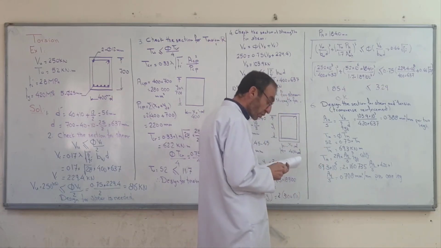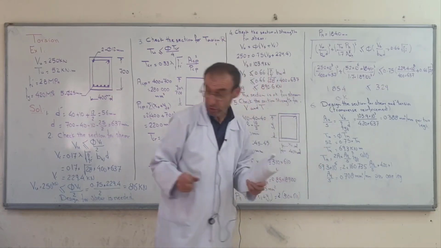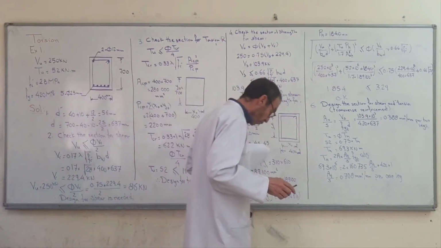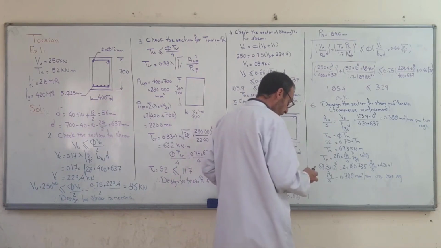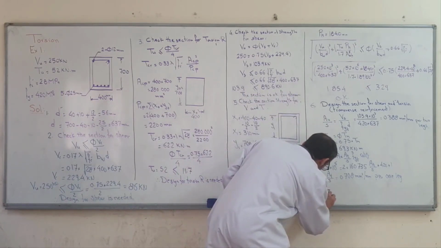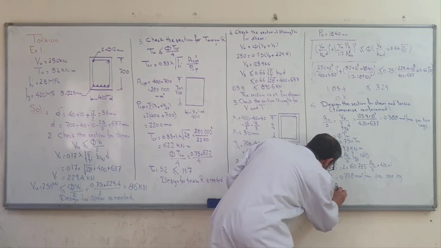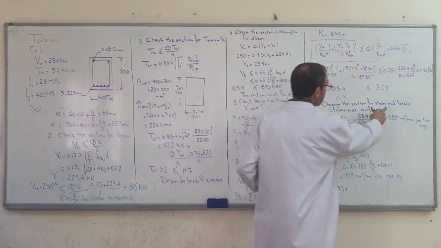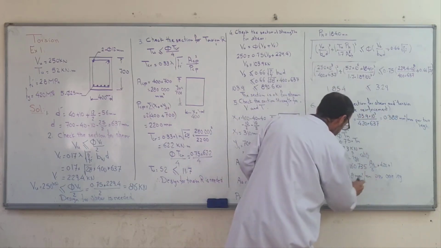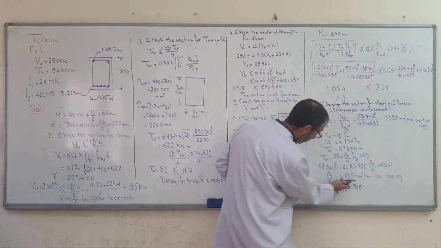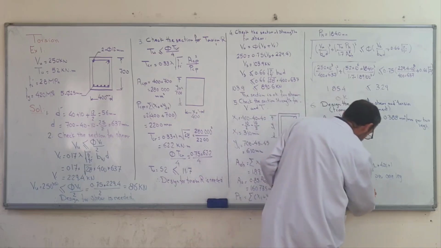Now the total required stirrup is equal to At over s plus Av over s. We found At over s for torsion, plus 0.388 for shear.